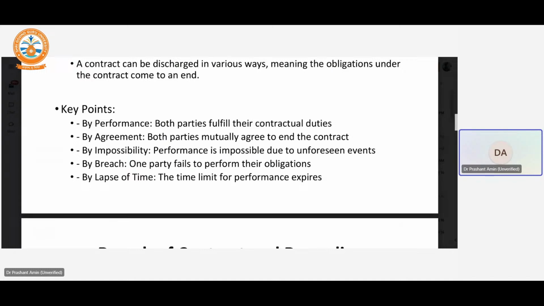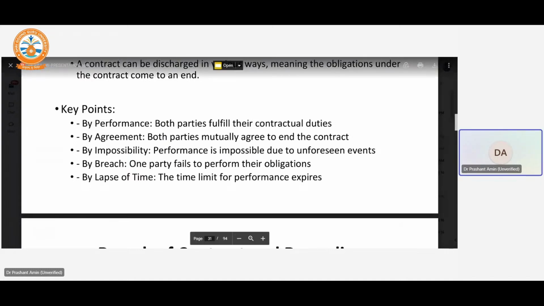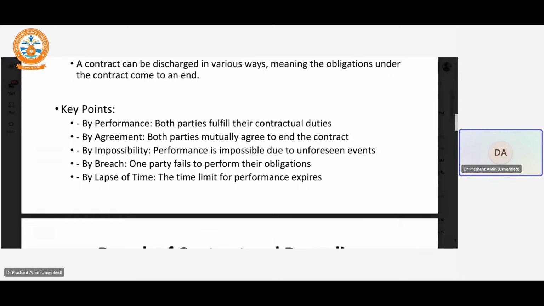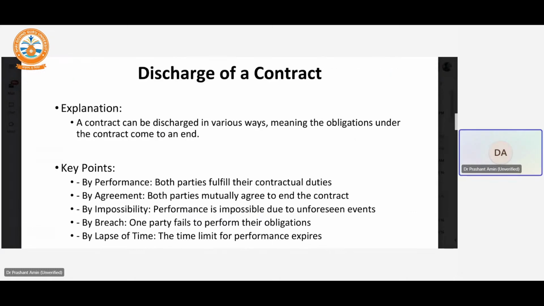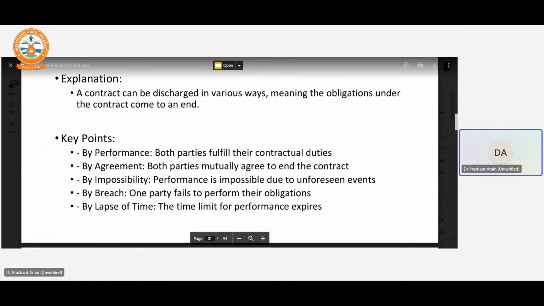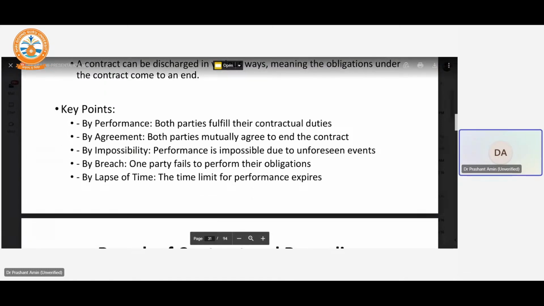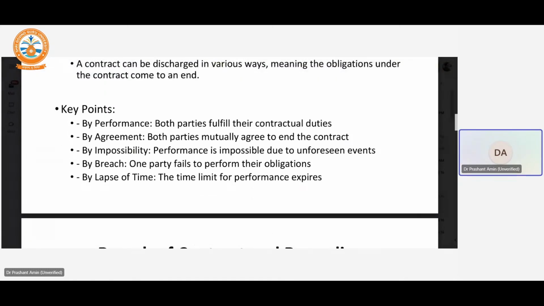The contract is about to complete. By agreement, if both the parties mutually agree to end the contract, then you can say that the contract is discharged. By impossibility, the performance is impossible due to an unforeseeable event like flood or any kind of natural calamity, under which both parties or either party cannot fulfill the performance, then also it is discharged, right?